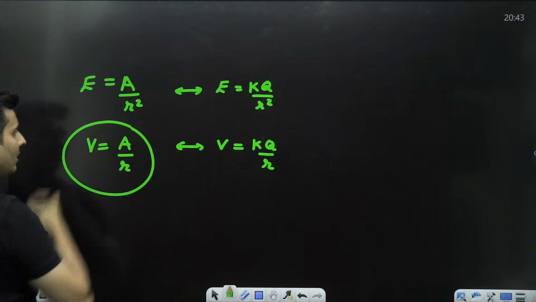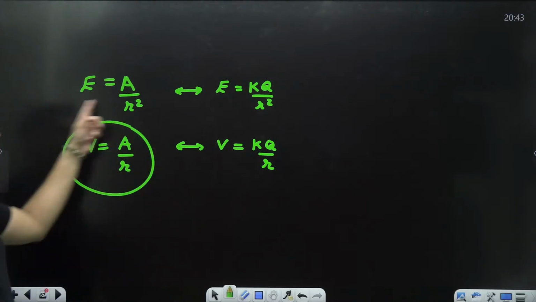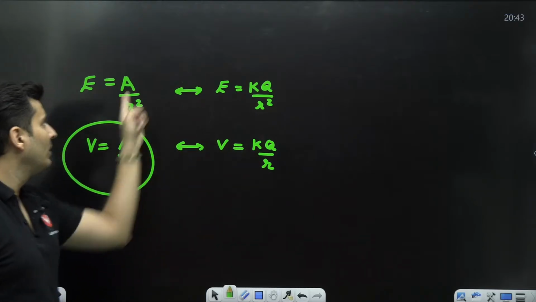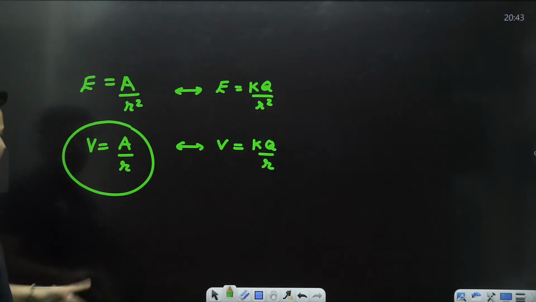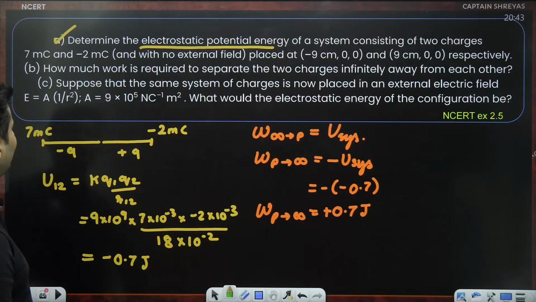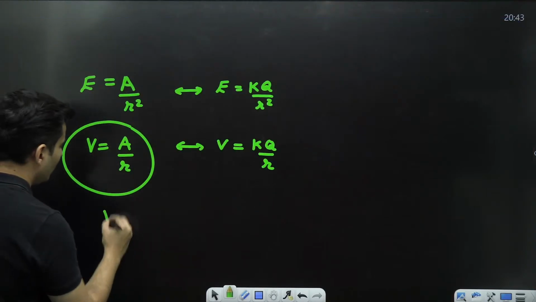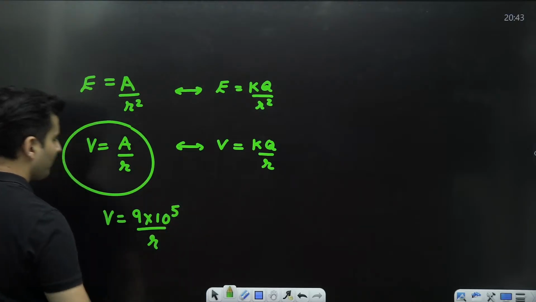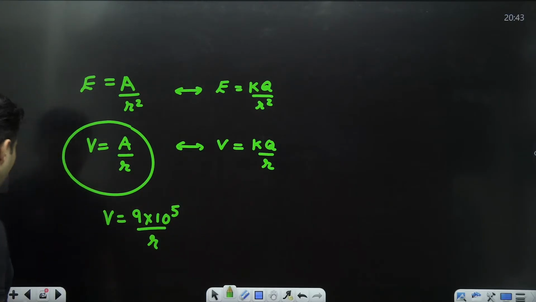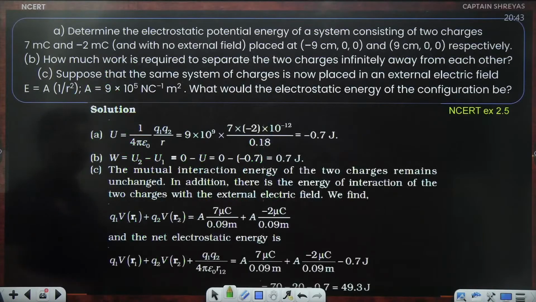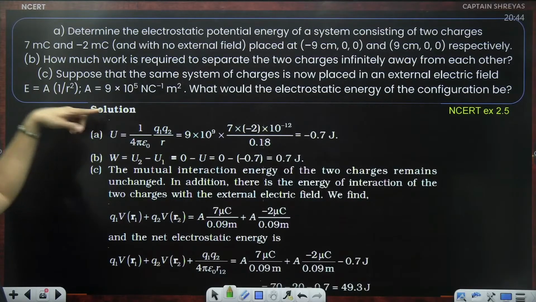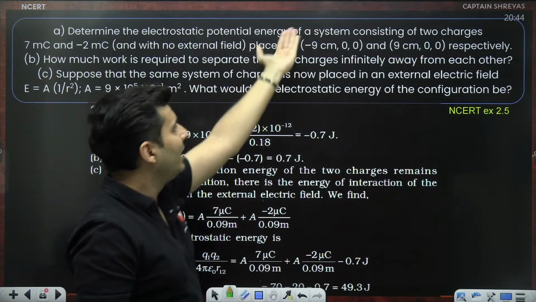Do you guys get it? How did I get this from this? The usual formula of field is this, so comparing it with the usual formula of potential, KQ becomes A, so it becomes A by R. And what is the value of A they have given? It is 9 into 10 to the power 5. So the voltage will be 9 into 10 to the power 5 divided by R. Using this, I can find the voltages at both the points, which are 0.09 and 0.09.